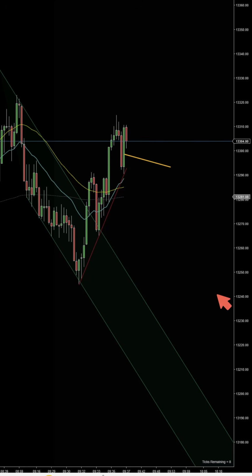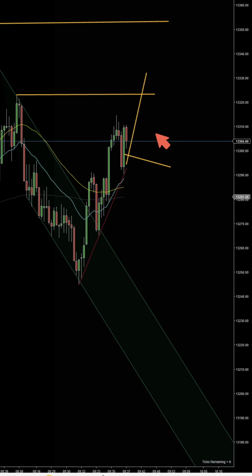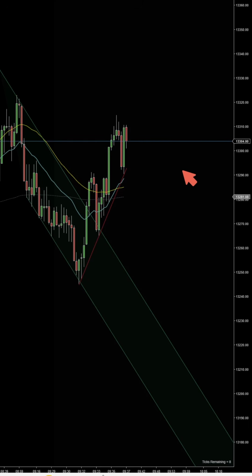Now what I'm looking for here is what the price is going to do. Is the price going to do another one of these and then push higher to reach probably this level or this level here, or is the price going to fail, go through this trend line and this moving average line, and possibly continue the down move, because we have overall down move momentum right now.